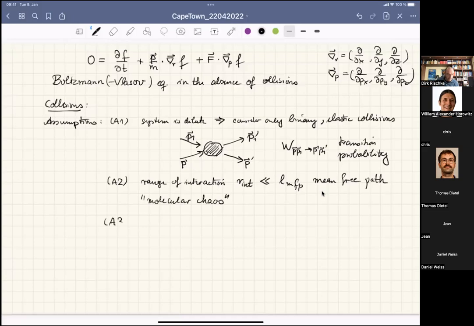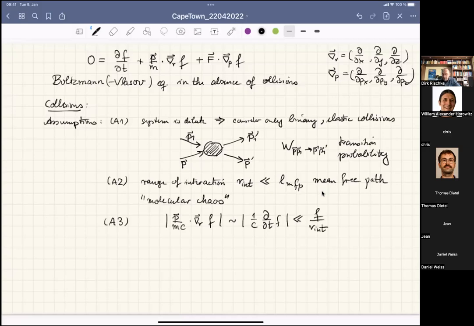Another important assumption is that over the range of the interaction, F can be considered as constant. So the collision process is localized. In mathematical terms, that means that gradients in space of F or variations in time of F are much, much smaller than F divided by R int.